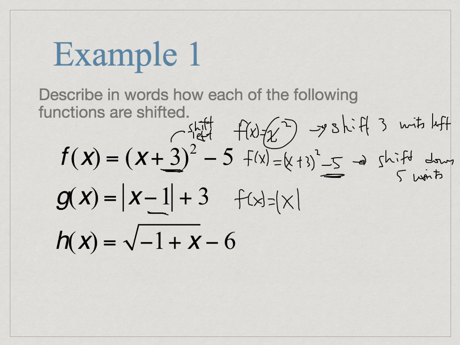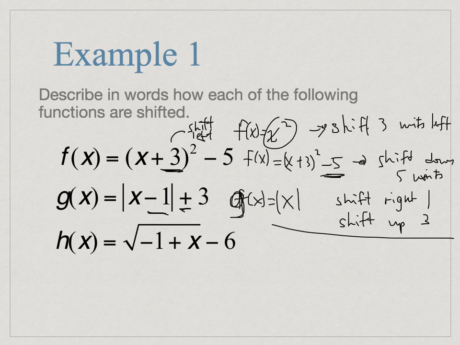We're going to shift it horizontally 1 unit. Okay, so in which direction is that? Because it's a minus 1, it would be shift right 1, and that 3, because it's positive, it would be shift up 3. Okay, sorry, this should be a g of x.